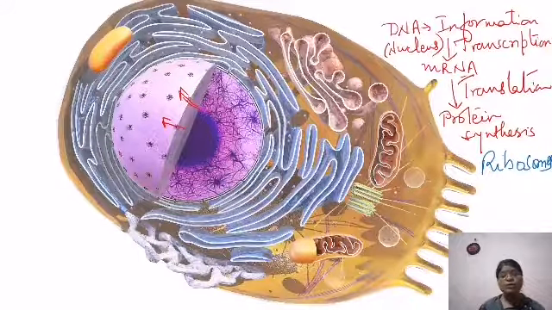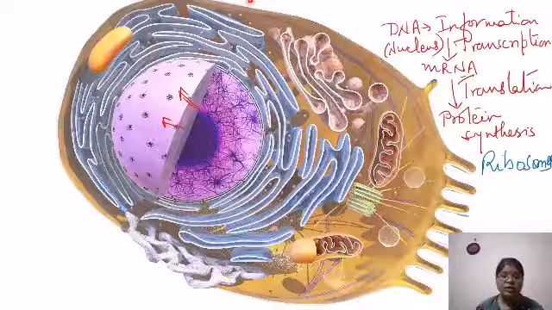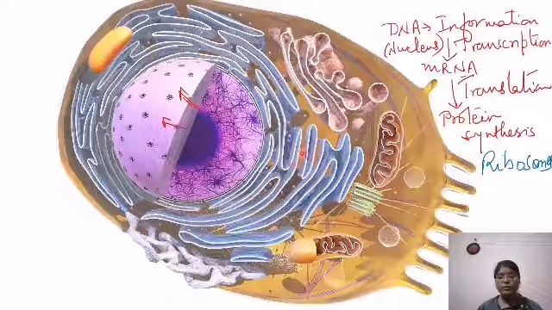Now you know about the ribosomes. There are cytosolic ribosomes, as you can see here in the diagram, lying in the cytoplasm, and there are ribosomes which are also lying on the cytosolic surface of the membrane.